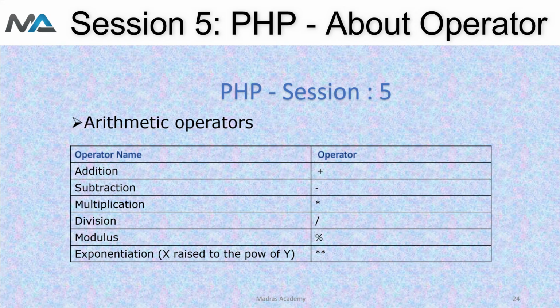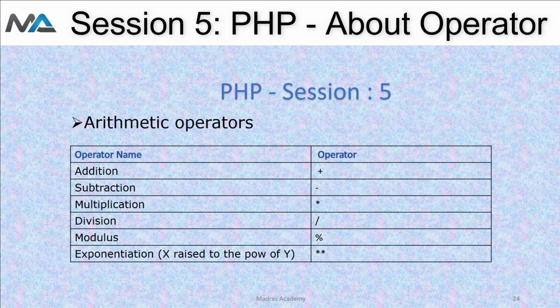Okay. Consider like that. And if you give y value as 2, the 10 will get the power and it will print the output. Okay. So practically we'll see how the value is powered. Okay. So how to use this arithmetical operator we'll see in a practical session.